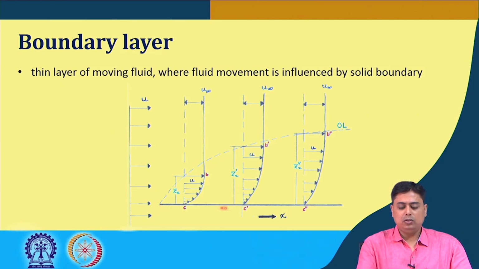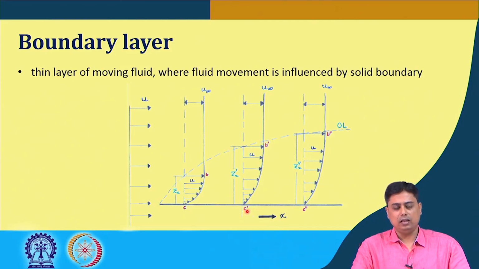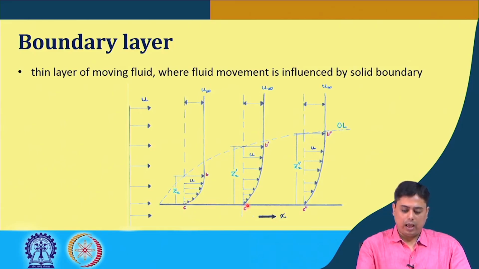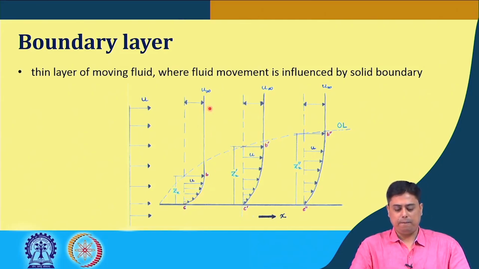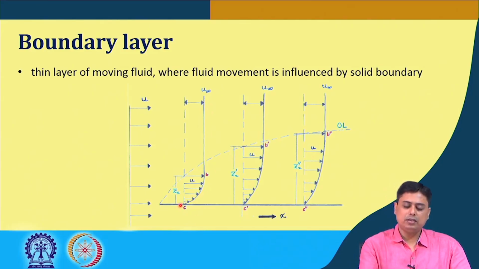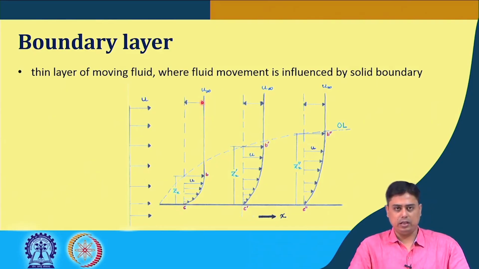So, near to the surface, this solid fluid interface, there the velocity of this fluid is 0, and as we go far from the solid surface, there we see such kind of a velocity distribution. Okay. Now, these velocity distributions are asymptotic in nature.